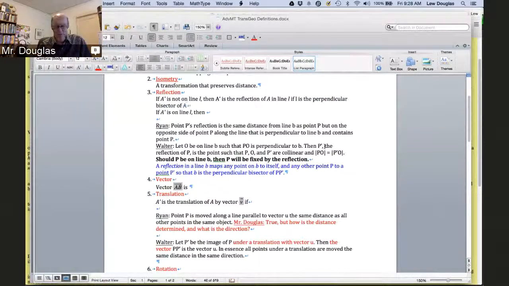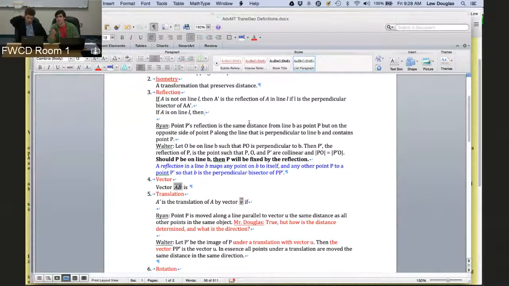And I'll fix this up, make it look nice. And then if A prime is on line L, then Ryan or Logan, what do you say? I'm sorry, this should be A, not A prime. If A is not on line L, and then if A is on line L, then what?